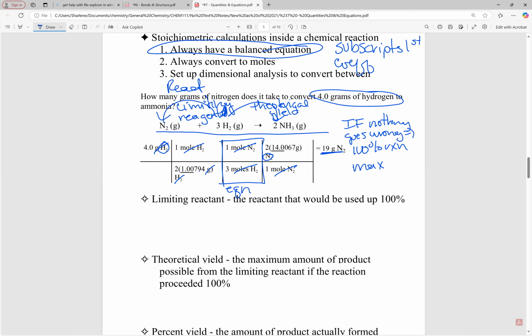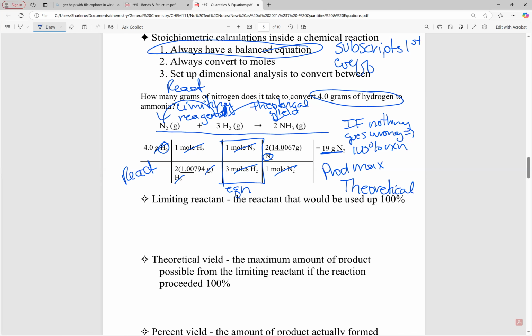Assuming nothing goes wrong and it reacts 100%. Nothing escapes, nothing leaks out to the atmosphere. So this one is comparing a reactant to a product. So that would be considered the theoretical yield.